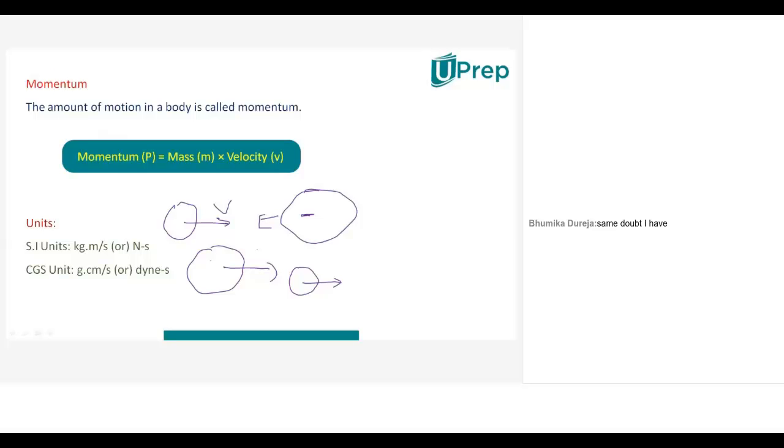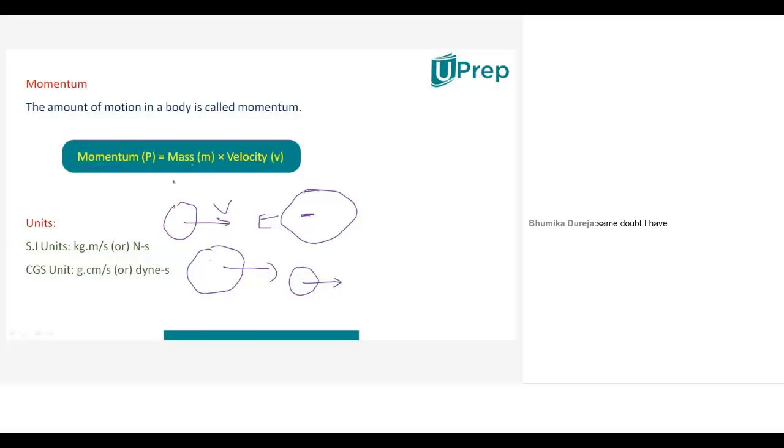Okay, sir. Now tell me, to change the motion of any object, which plays the important role, the mass or the velocity, isn't it? Yes, sir. So these two play an important role in changing the motion of another object.